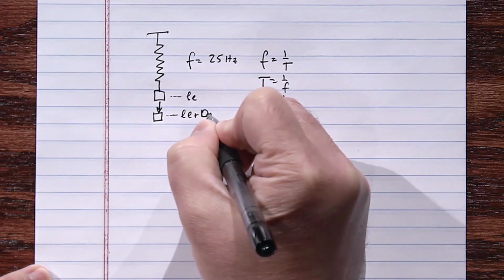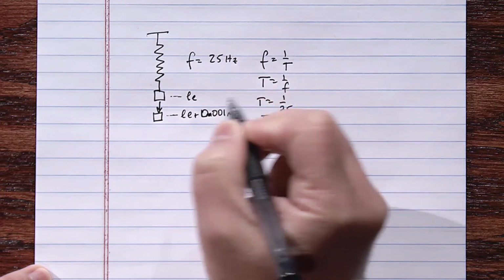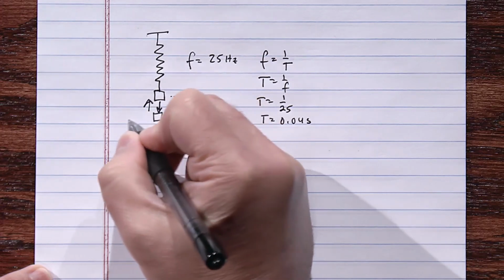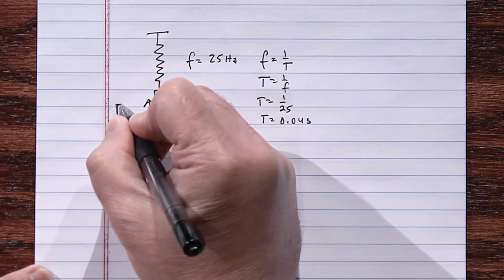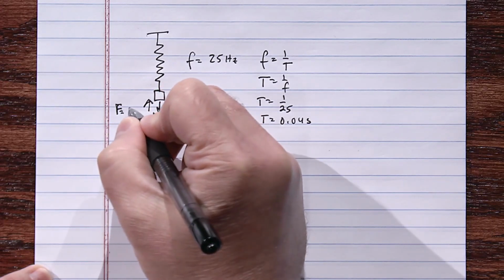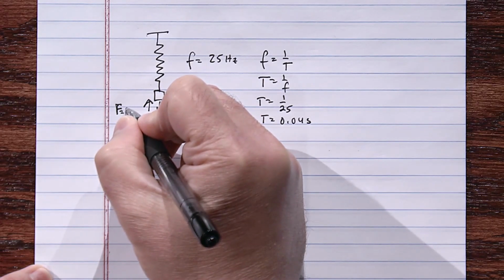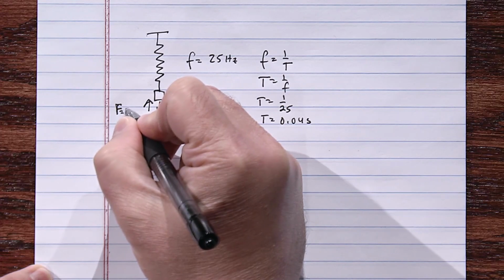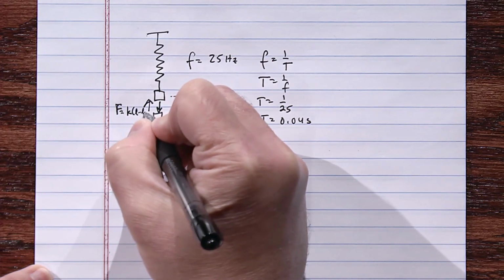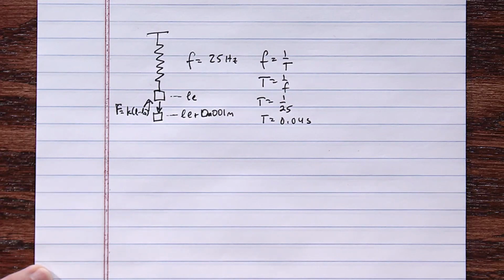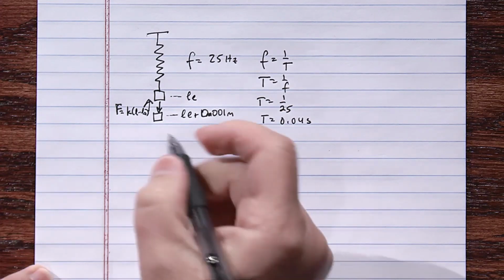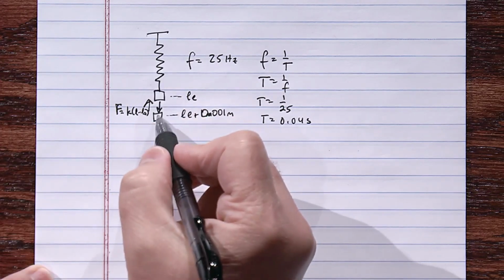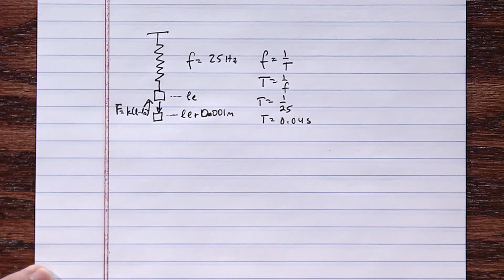LE plus 0.001 meter. Now, at that point, the magnitude of the spring force is equal to K times L minus L0. So, the maximum acceleration will occur where we have the maximum stretch of the spring.